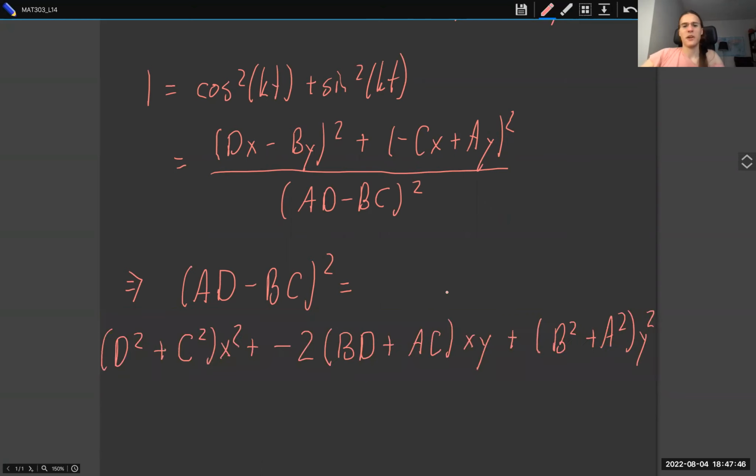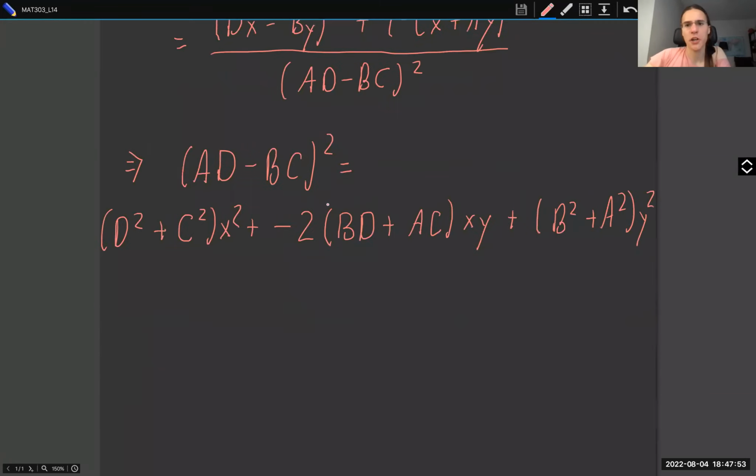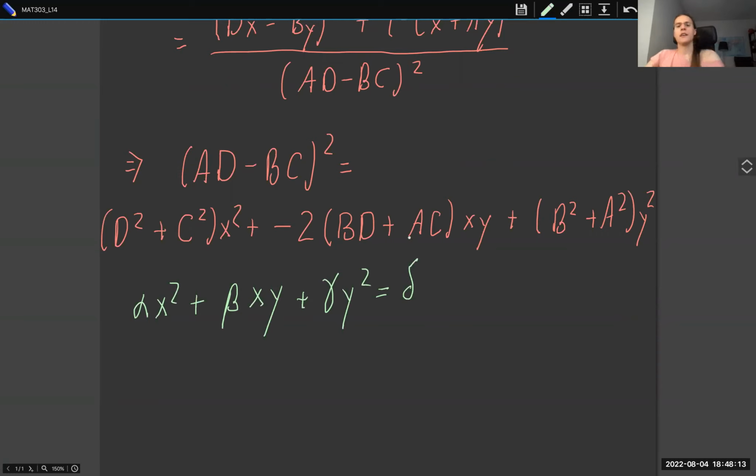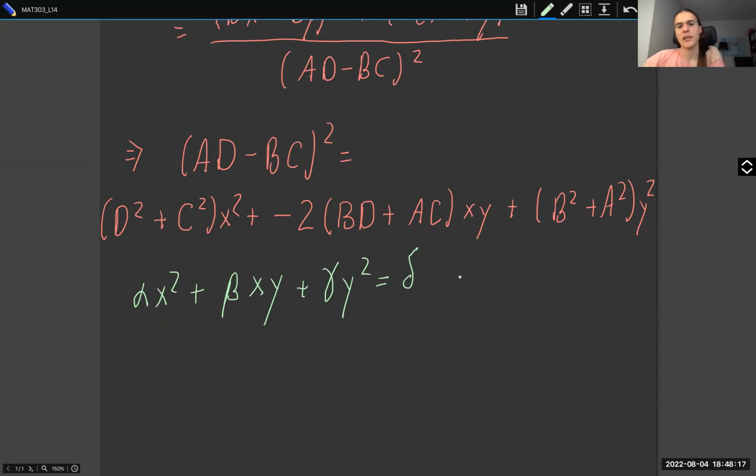Okay, let's say that fits. And then the question is basically, if you have an equation of the form alpha x squared plus beta xy plus gamma y squared is equal to delta, then in general, this is going to be the equation of an ellipse.